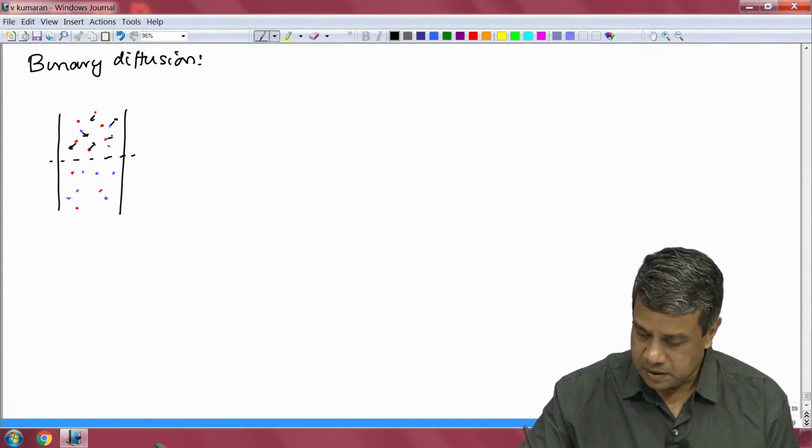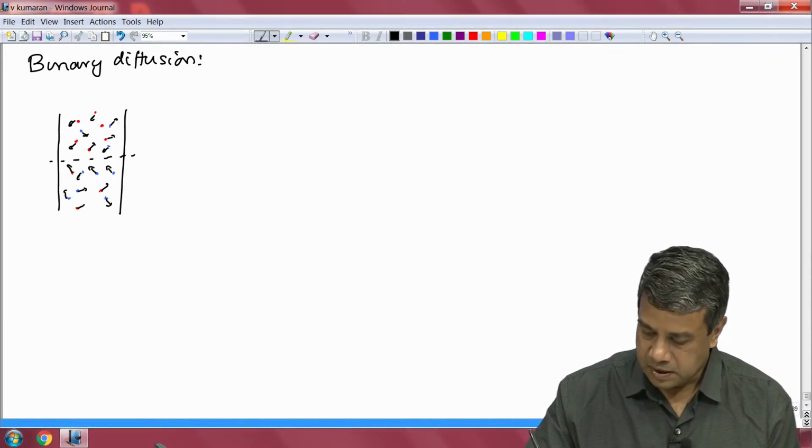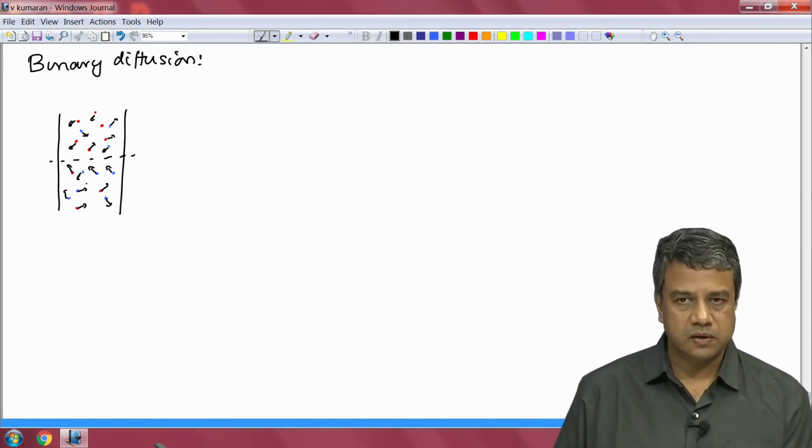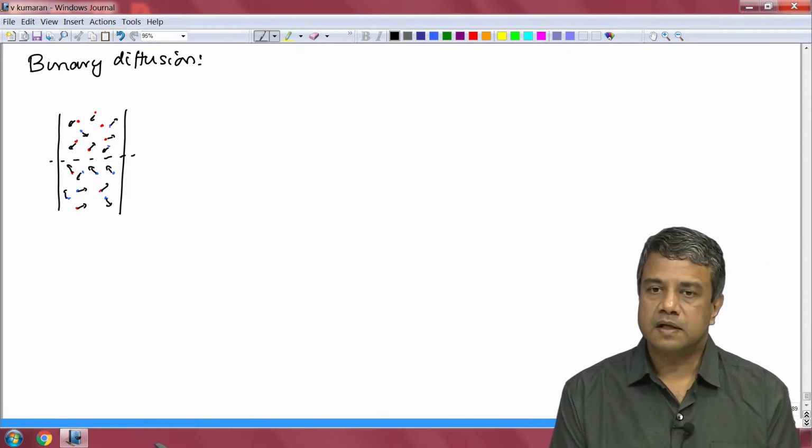There will be a net motion of molecules from one side to the other of one species and motion in the opposite direction of the other species. And there will be net zero mass transfer provided the masses of the two molecules are the same.